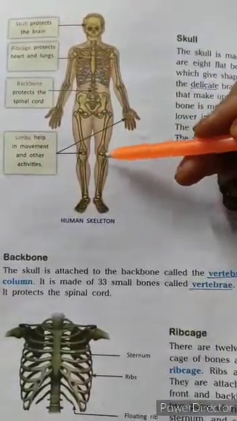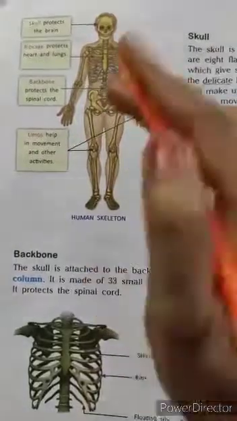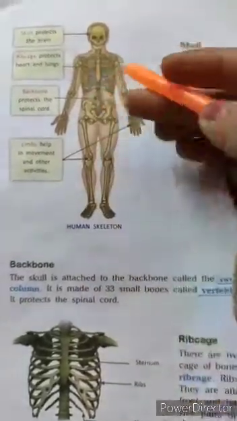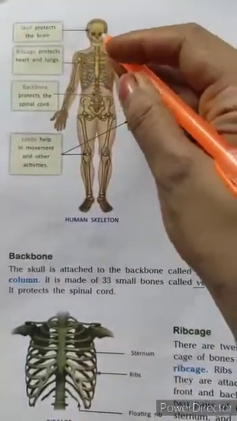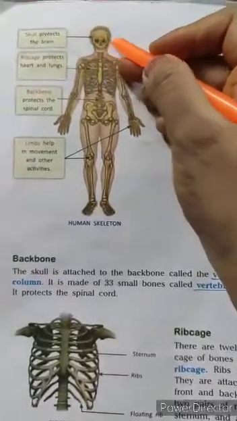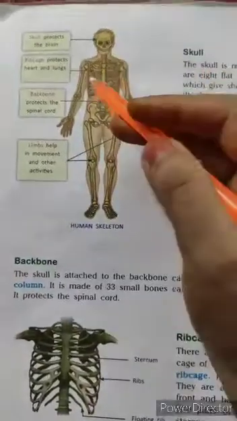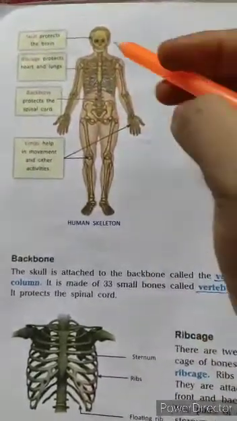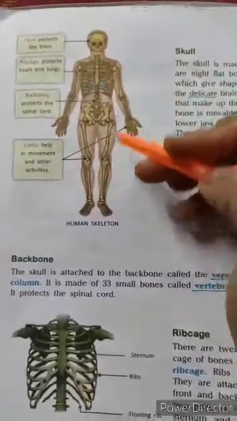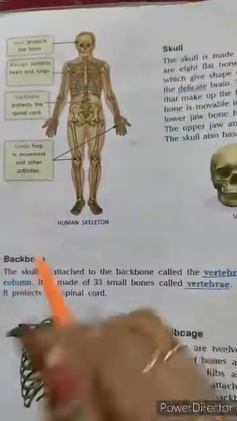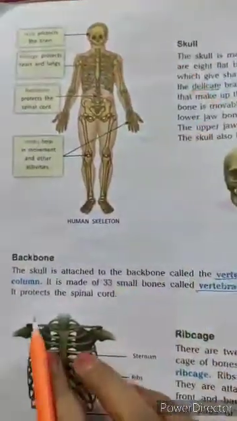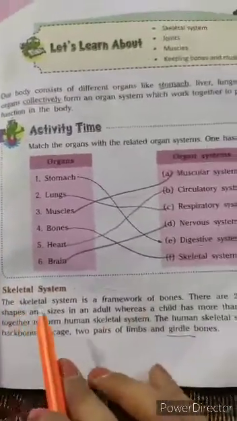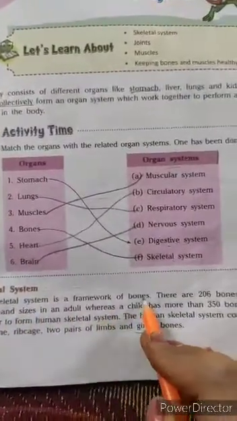It means there is a framework under which different organs are there. Inside the skull there is the brain, inside the rib cage there is the heart and lungs. So it is a framework of bones which protects the internal organs of the body. So the skeletal system is a framework of bones.